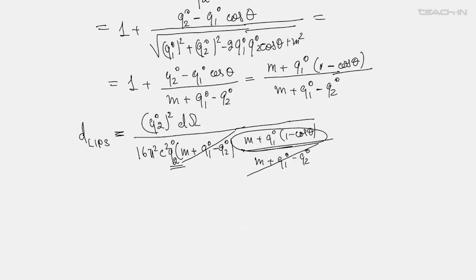And so your formula then takes a super simple form: energy squared of the outgoing photon divided by mass times energy of the incoming photon, and then there is this prefactor 16 pi squared over c squared. So this is the phase space.